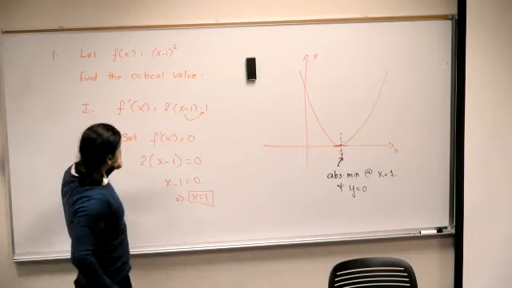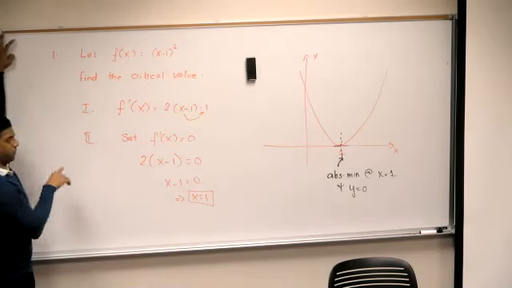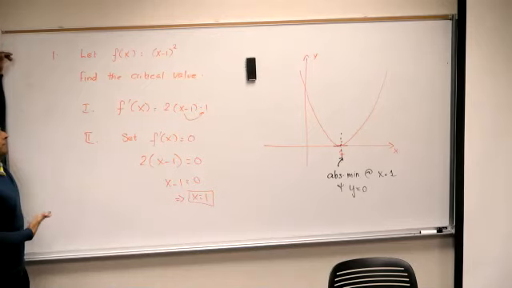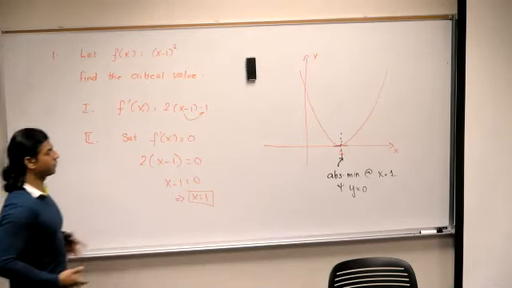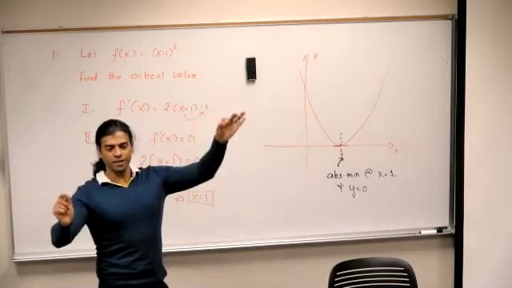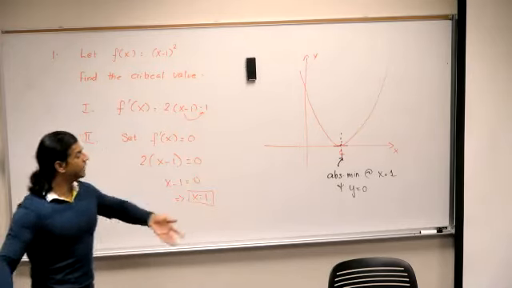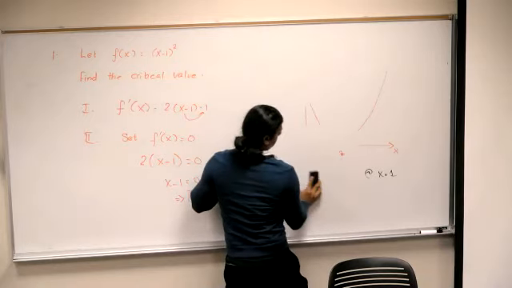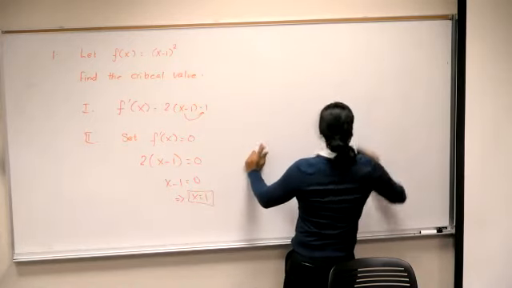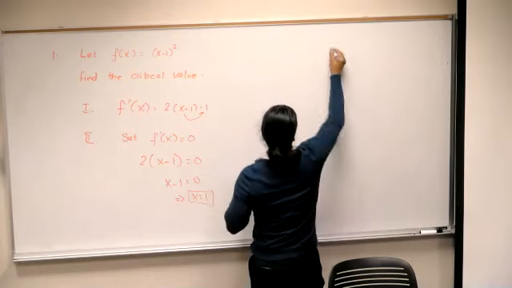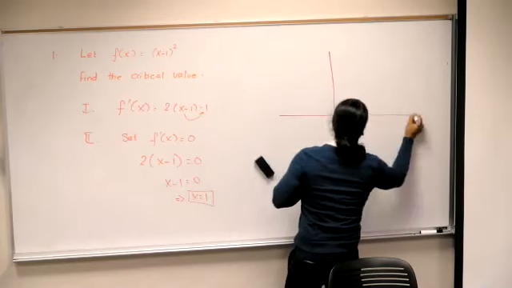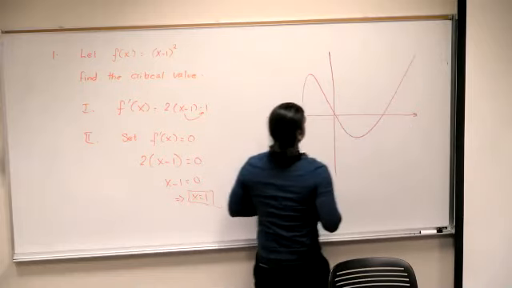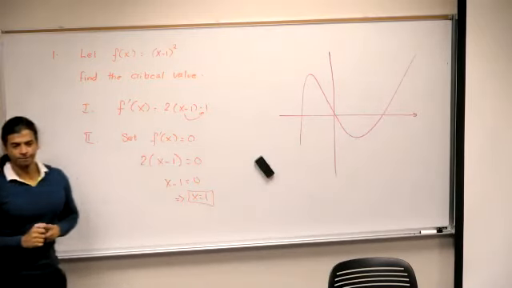When we come back next time, we want to do a few more problems on critical values, because there are some functions where you could have more than one critical value. A good example would be a function of that sort.